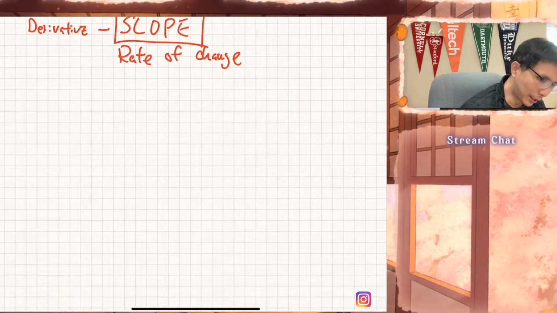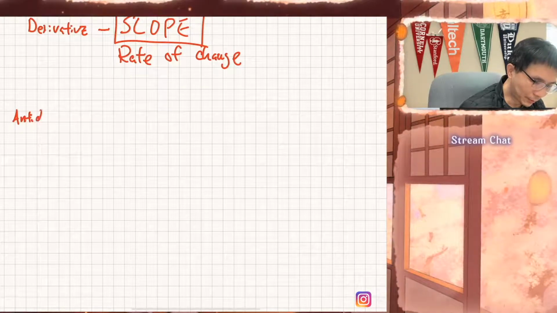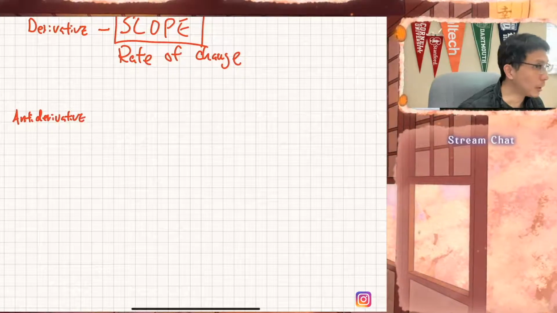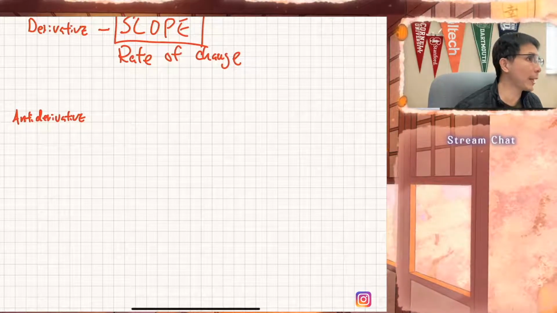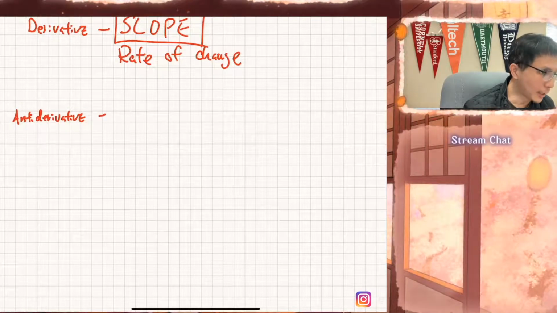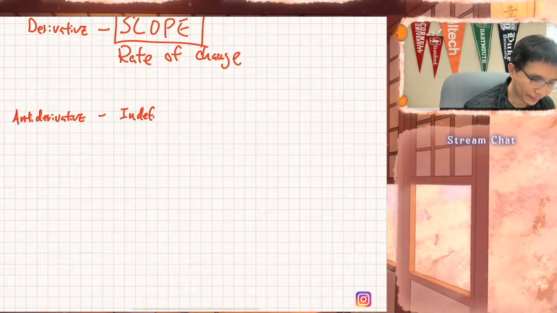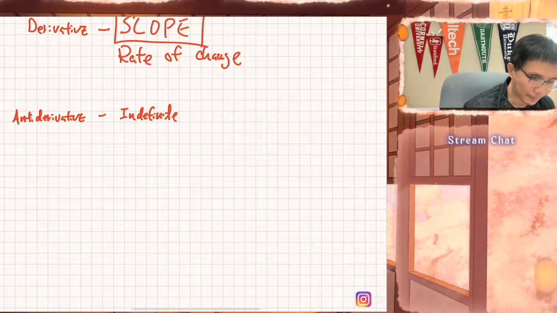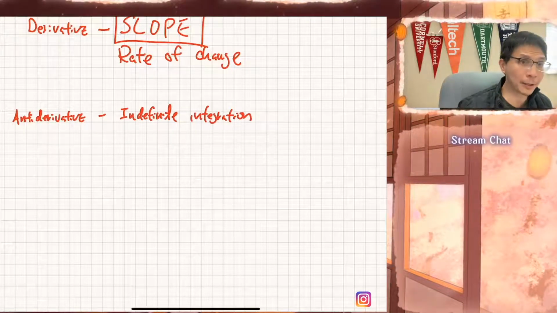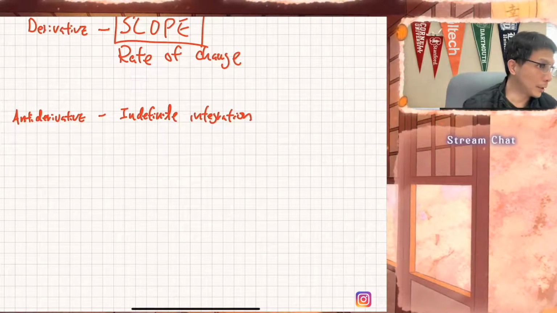Then you say, okay, well, that's derivative. What does antiderivative mean? So a lot of times we don't call it antiderivative, we call it integration. And it's actually called an indefinite integration, or indefinite integrals.